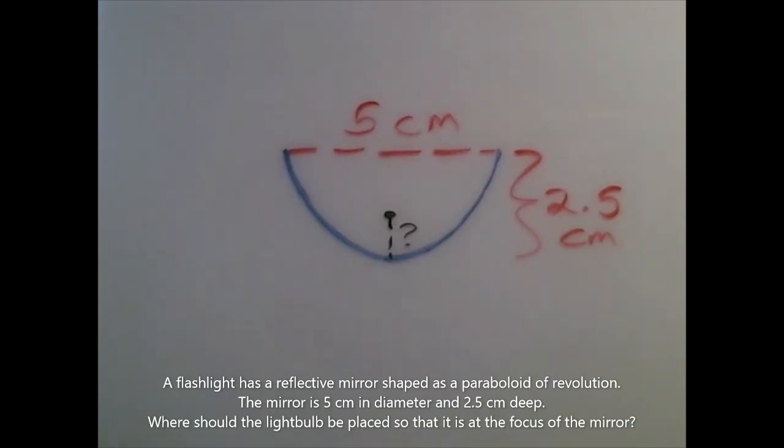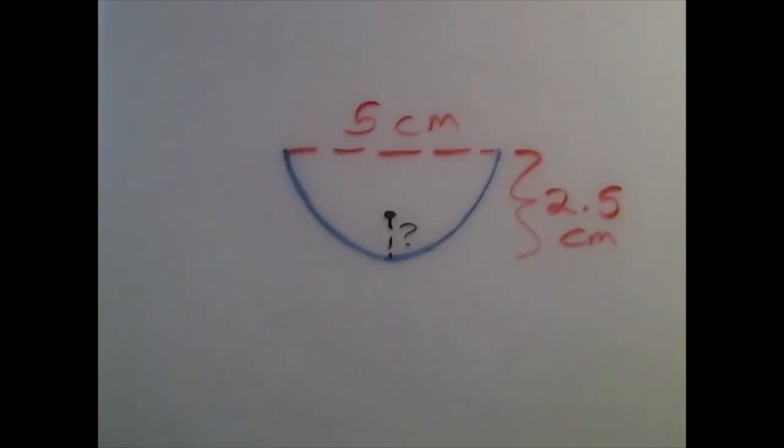And the question wanted to know where you would want to have the light bulb placed so that it would be at the focus of the mirror, and therefore that would allow the rays to go outward using that wonderful reflective property. So this initial sketch is trying to represent that, and let's again move to a better sketch and see if we can answer the question.